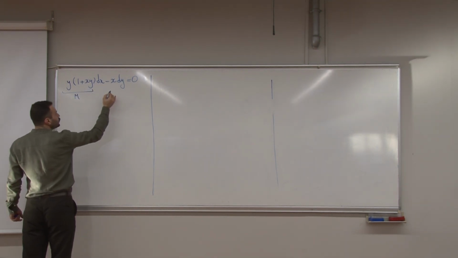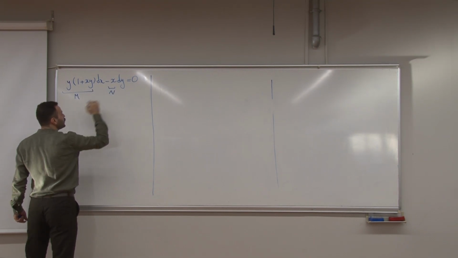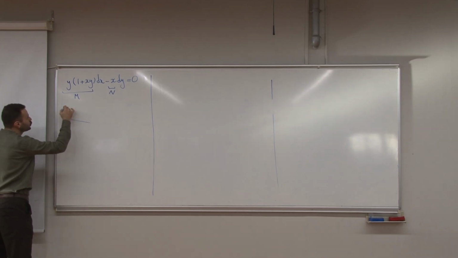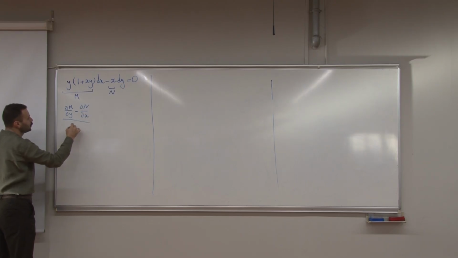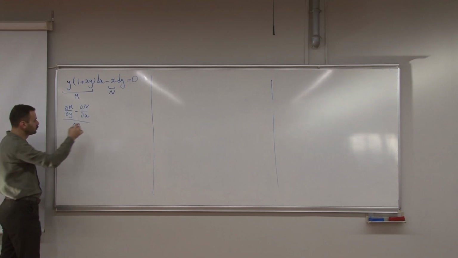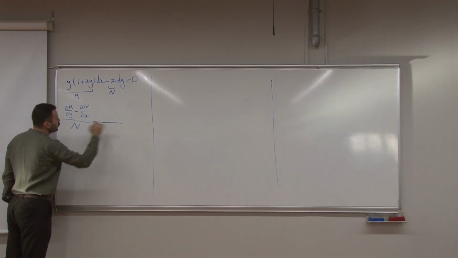This is my M. This is my N, okay? I need to check what? Partial of M with respect to y minus partial of N with respect to x, divided by N, right? What about this?